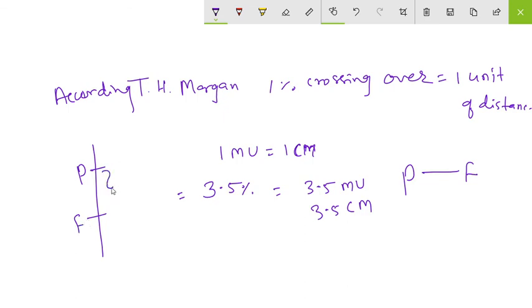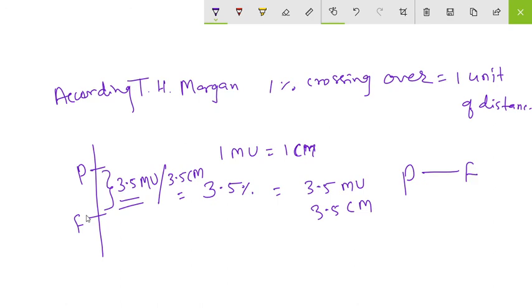So the distance between this purple and full is 3.5 Morgan unit or 3.5 centimorgan. So they are closely placed and therefore there are fewer recombinants and more parental combinations. So there is a chance of only 3.5% crossing over between the purple and full.